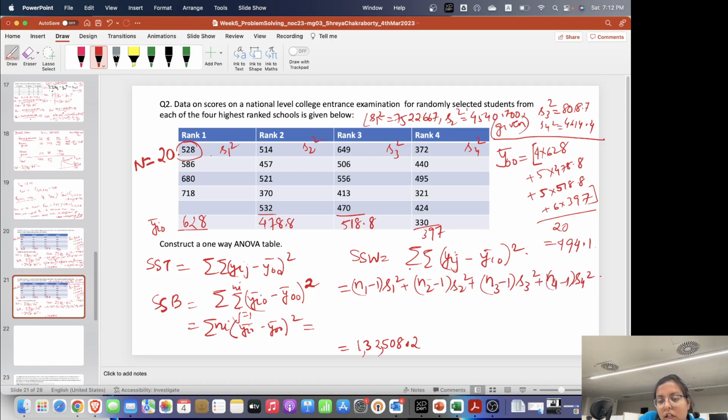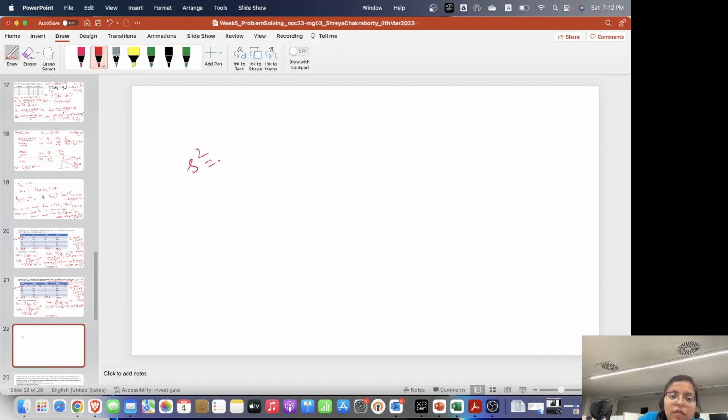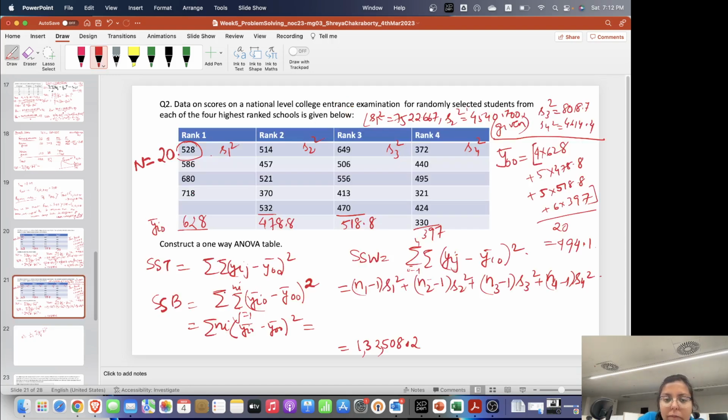Because if you separate this for i equal to 1 to 4, this will be y1j minus y1 naught bar whole square. That is nothing but n minus 1 times s square, because this is the sample variance. If you remember, for sample variance we had the formula summation of y_j minus y bar whole square.